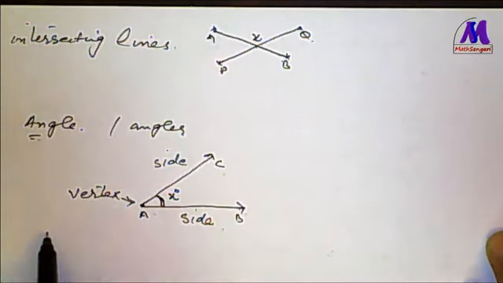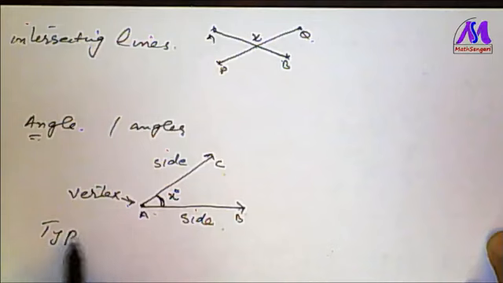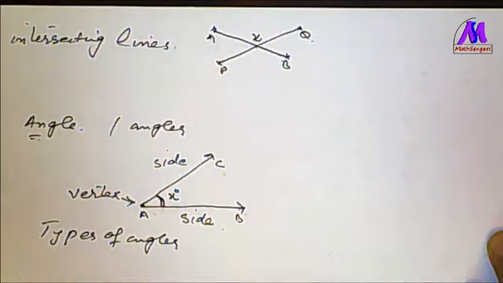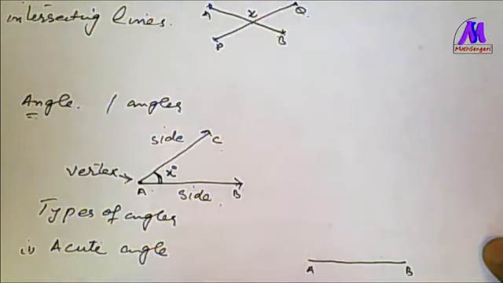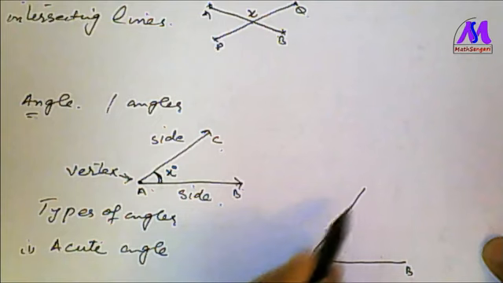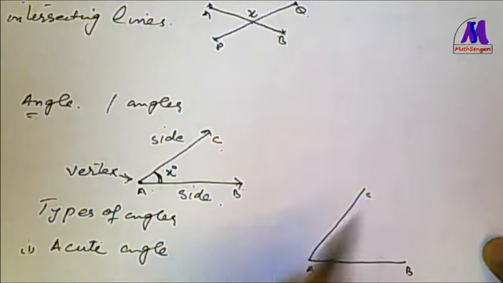Now we will discuss the types of angles. How many types of angles? Number one, acute angle. A line AB, and it makes another angle with another ray AC.